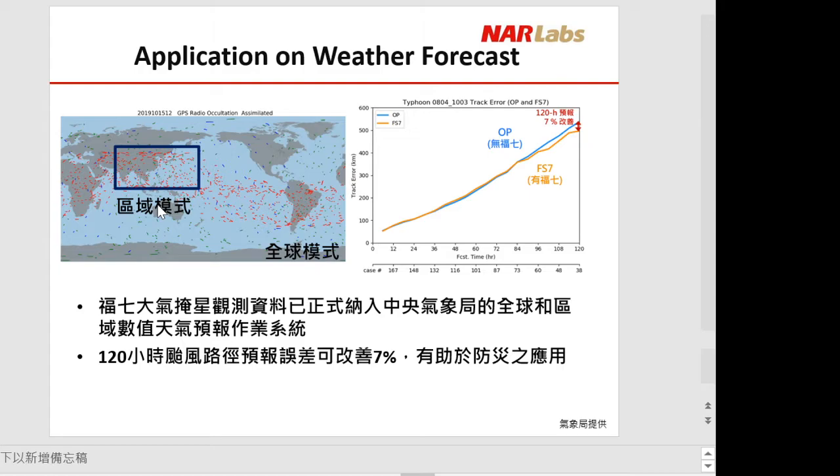What they told us is if they put the Formosa 7 data into the forecast, the typhoon track prediction error can be improved by 7% in terms of 120-hour prediction. And the Formosa 7 data has been included in the Central Weather Bureau's NWP system.